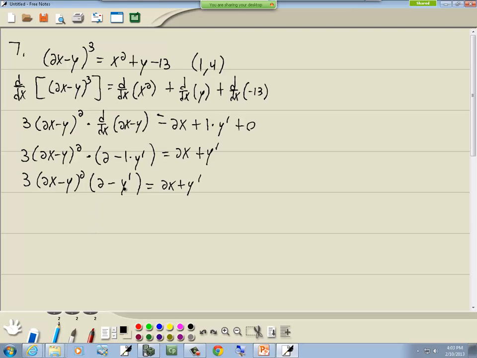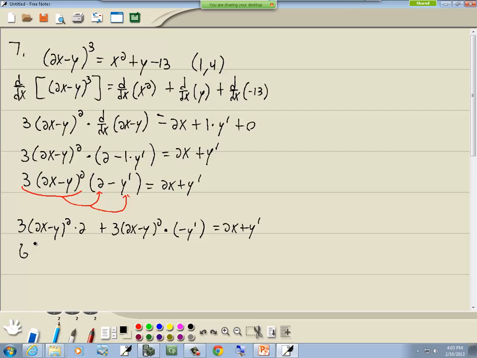Now we need to get this y prime out of this parentheses, and how we'll do that is with the distributive property. I'm going to take this (2x minus y) squared, I'll multiply it times the 2, and I'll multiply it times the negative y prime. So we've got 3 times (2x minus y) squared times 2 plus 3 times (2x minus y) squared times negative y prime equals 2x plus y prime.